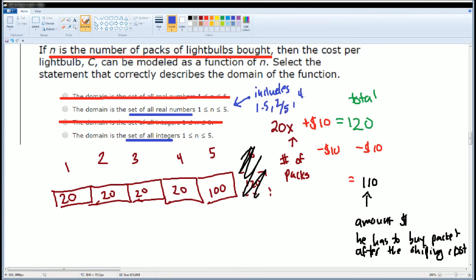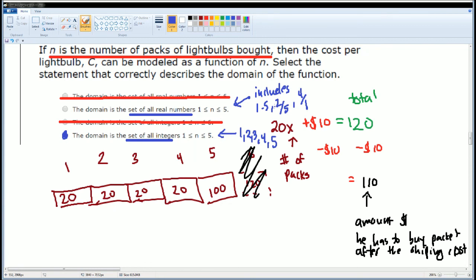No, these are just integers. So 1, 2, 3, 4, 5. Okay. All right. So it would be this answer. Because you can't have half of a packet. You can only have full numbers of packets.